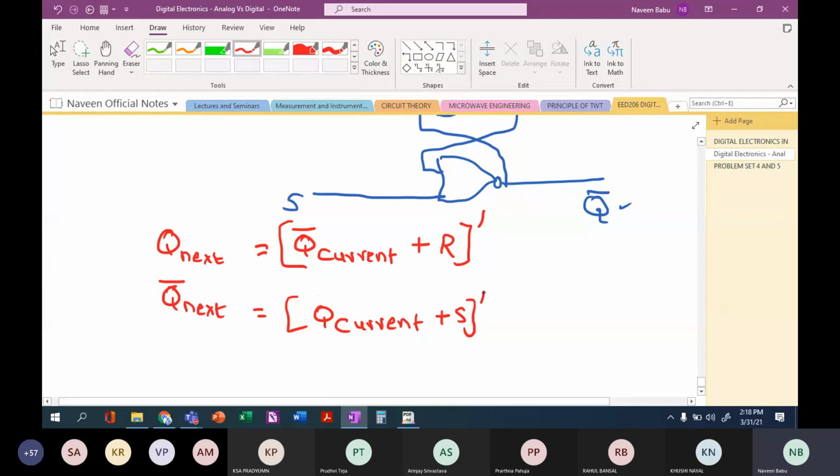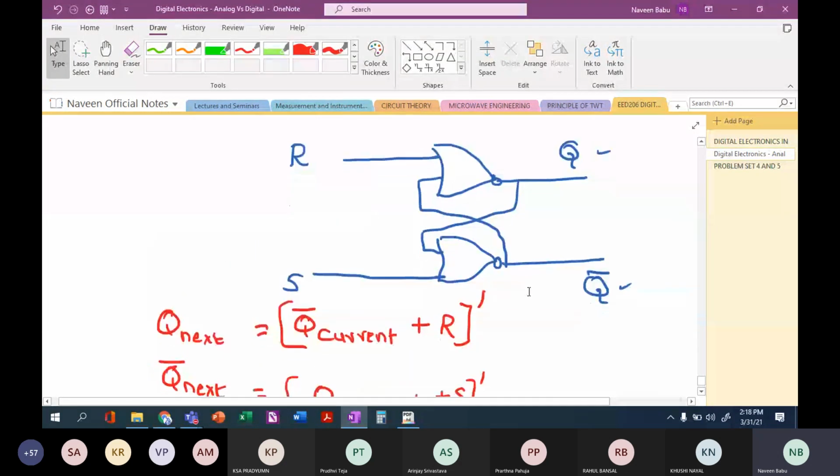How did I write this? Again, I am repeating. So this one is your Q, and this one is your Q bar, right?